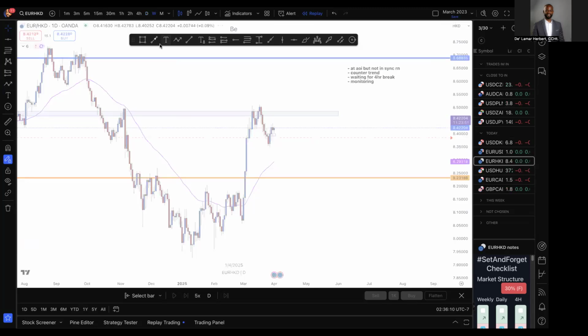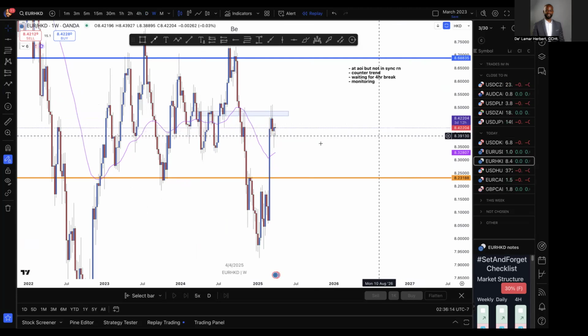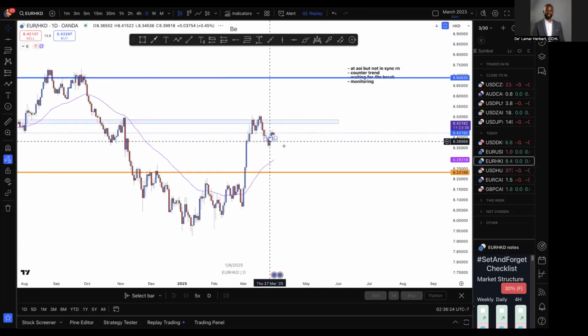Here we have Euro HKD. It's the same exact thing at, well, actually, no, it's not. Sorry. Just thinking of something else. Okay, so here we did have a rejection at our area of interest. We had a pullback on the weekly. But daily is not in sync right now. It is bearish.